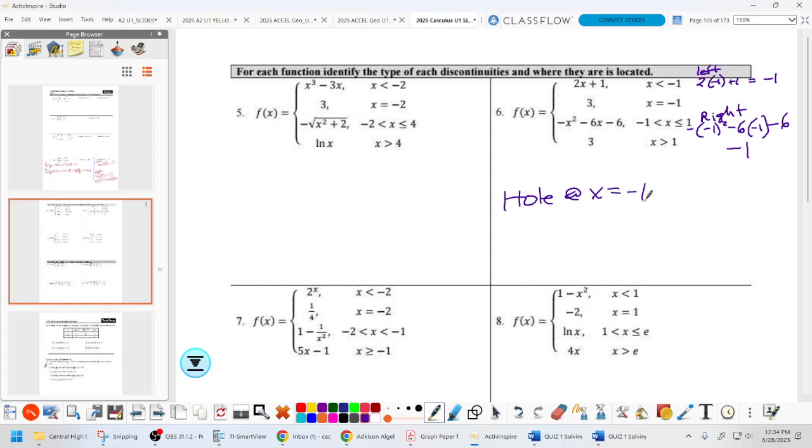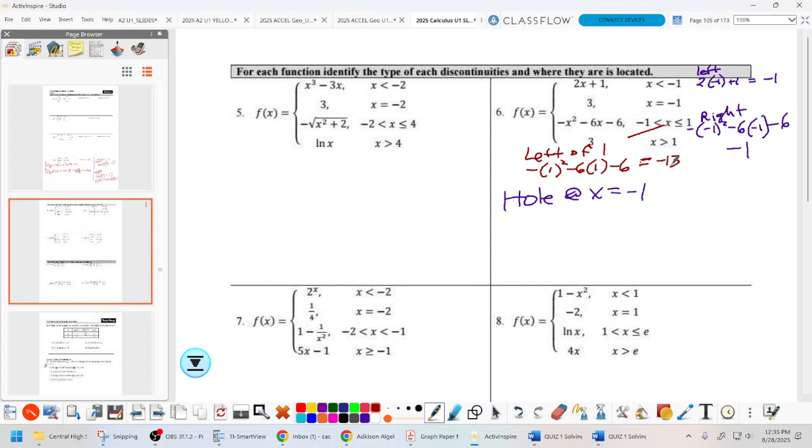Okay, and then we need to check from the left and right of x equals 1. So same thing. Let's do a different color for those. From the left of 1, now we just plug 1 into this thing. And what is that? Negative 1 minus 6 minus 6. So that's negative 13. And then to the right of 1 is 3.